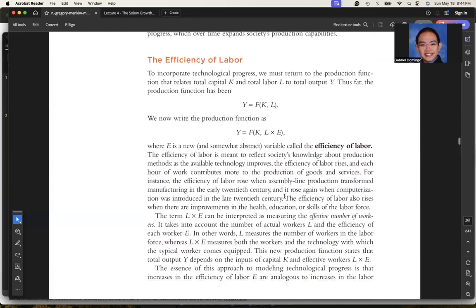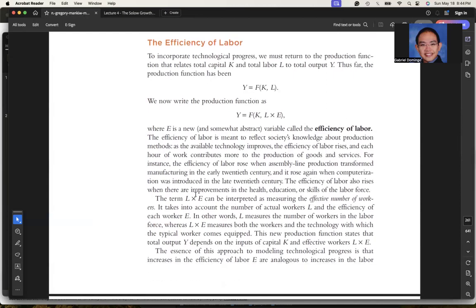You can think of it as the efficiency of labor. L times E is now going to be the effective number of workers. For example, if each worker can produce twice as much as before, so E grows to 2 from 1, then even if your L does not grow, L times E has grown. So the effective number of workers has in fact grown.